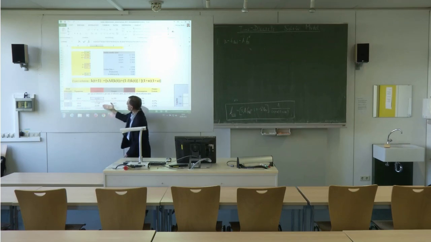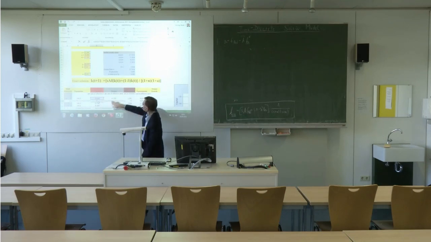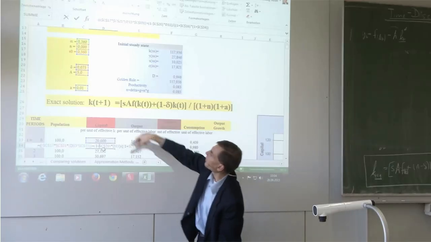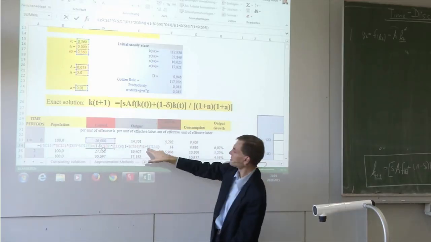So what I did here, in other words, is link all the cells according to this formula to compute the capital stock in the next period. Yeah, we can go on. Plus 1 minus the depreciation rate. 1 minus depreciation rate is in this cell, which is C20, times capital stock, which is once again this cell, divided by 1 plus N, which is C16, times 1 plus A, which is C24, this cell, as you can see in blue.